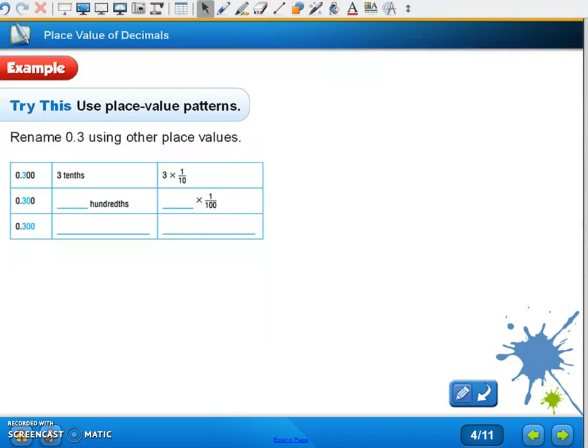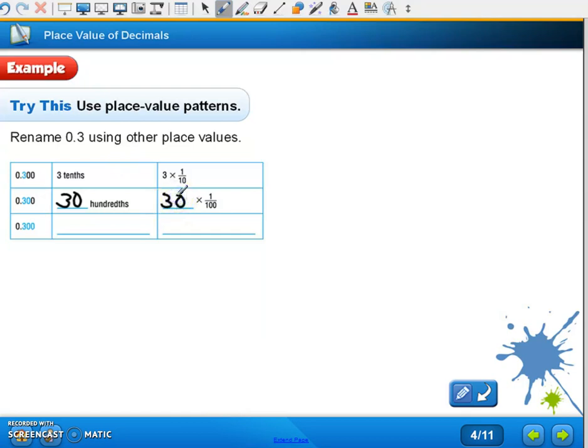It says try this, use place value patterns, rename 3/10 using the other place values. So 3/10 is 3/10 or 3 times 1/10. 3/10 is how many hundredths? 30 hundredths, or 30 times 1/100.